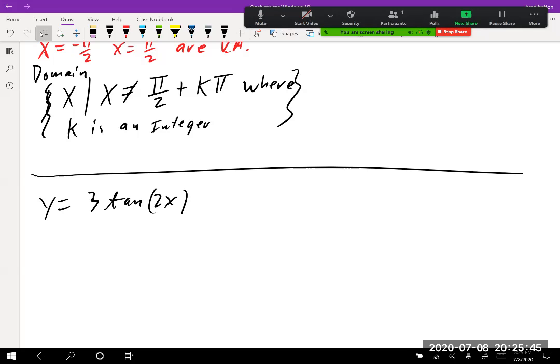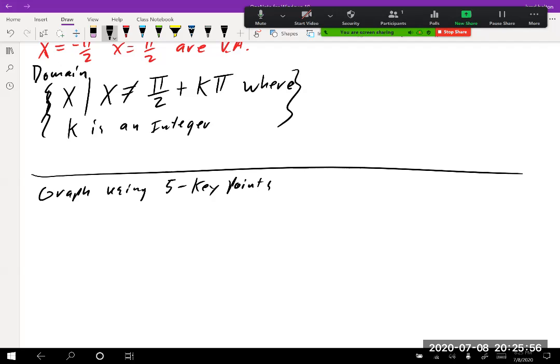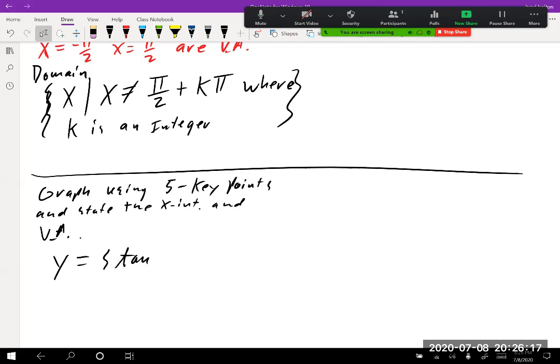Okay, you know what, let me write that. Graph using 5 key points, even though in reality, and state the x-intercept and the vertical asymptotes. Okay. So they're going to say y equals 3 tan 2x.